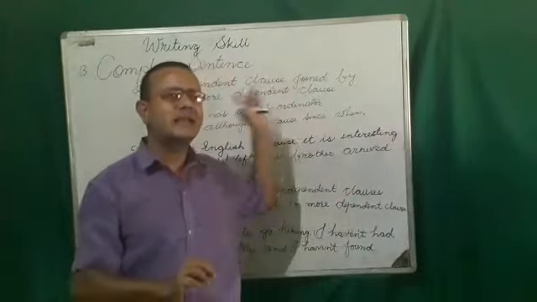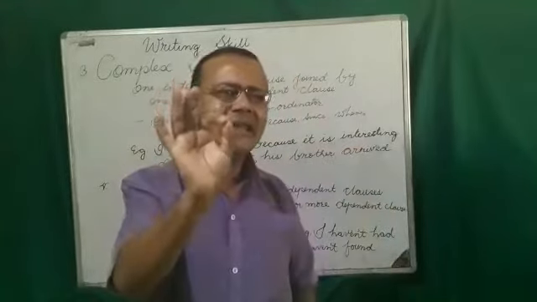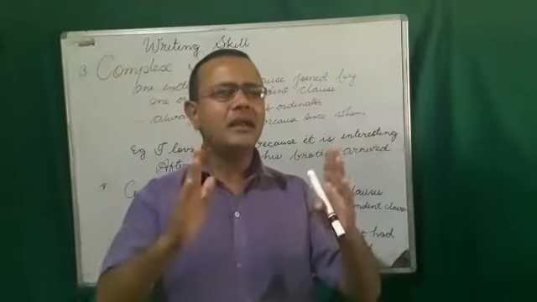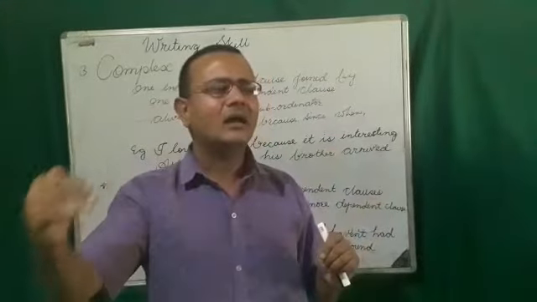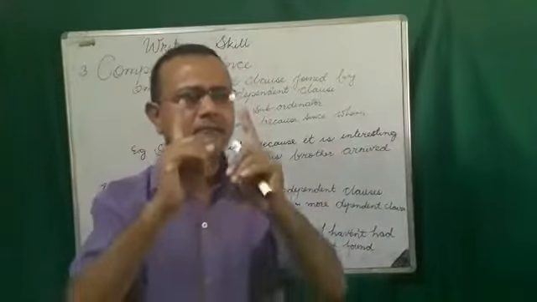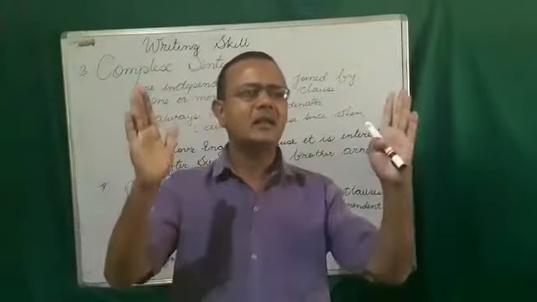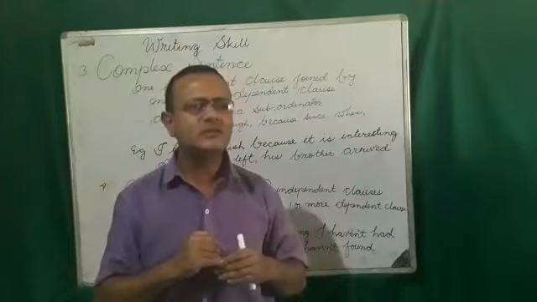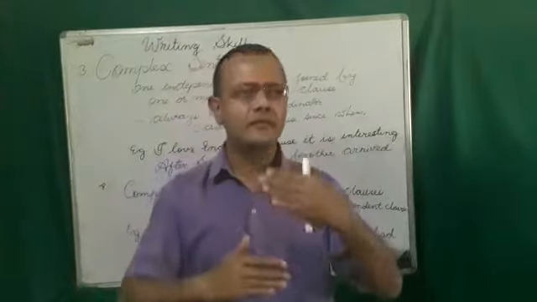A dependent clause is a clause which comes to add extra information. The main message lies in the main clause, or independent clause. The function of the dependent clause is to add extra information.